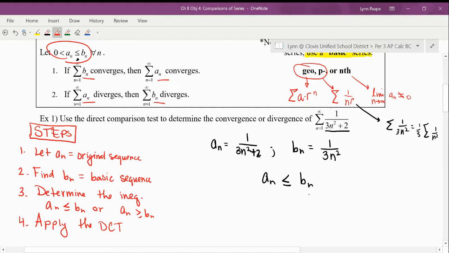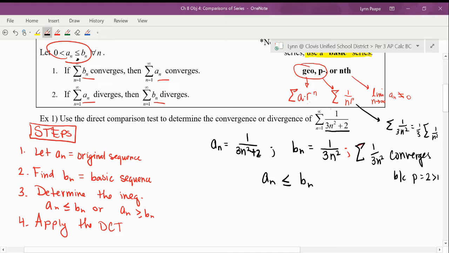I know that this series over here, I'm going to rewrite as an infinite series as part of my justification. As part of my justification, I'm going to say that I know 1 over 3n squared converges because the power is equal to 2, which is greater than 1. This is back to using the p-series information.